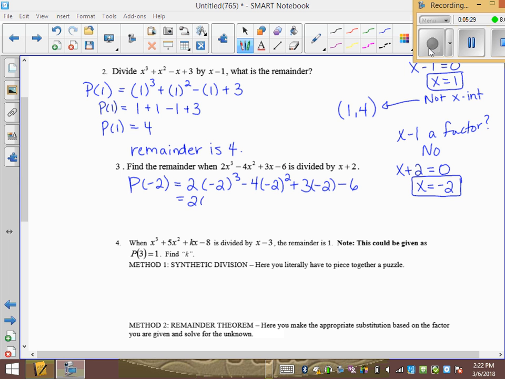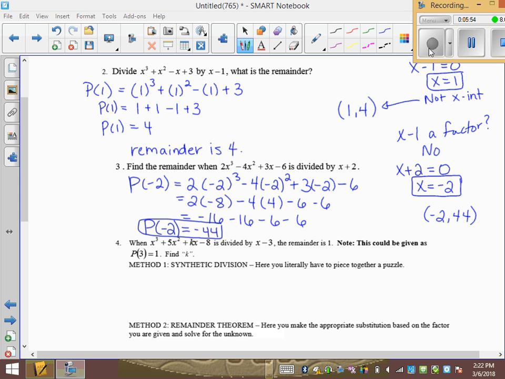So we're going to get 2 times negative 8, minus 4 times 4, minus 6, minus 6. So we get negative 16, minus 16, minus 6, minus 6. Is that negative 44? So my coordinate is negative 2 and negative 44.